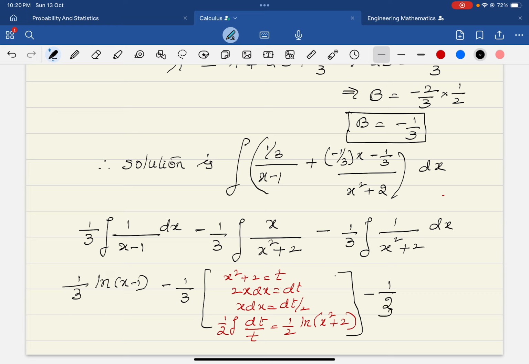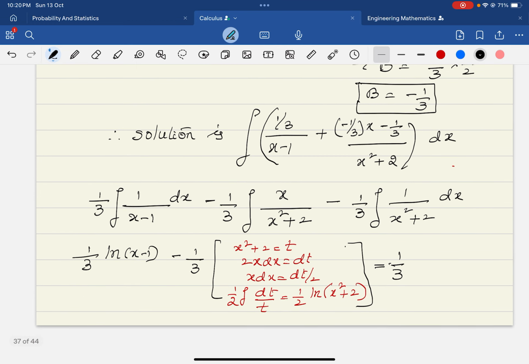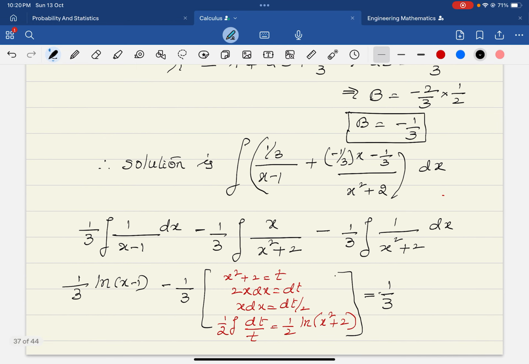Now again we get it as minus 1 by 3 times of, now there is a formula for 1 over x square plus a square. That formula gives us 1 over a tan inverse of x by a, that means 1 over root 2 tan inverse of x by root 2.